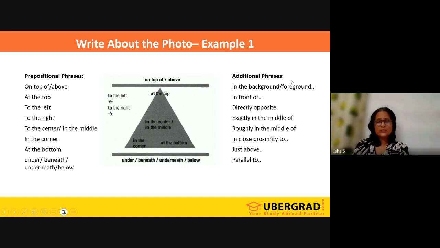When you are describing that image, you can use these additional phrases: in the background, foreground, in front of, directly opposite, exactly in the middle of, roughly in the middle of, in close proximity to, just above, and parallel to. These are certain prepositional phrases you can use. Everything you will get in your handouts. Don't worry. If you want to write down, you can, but you will get it.